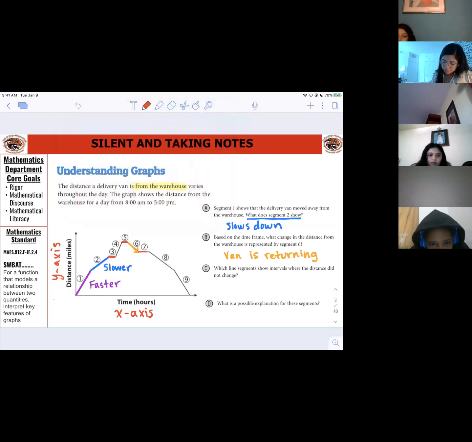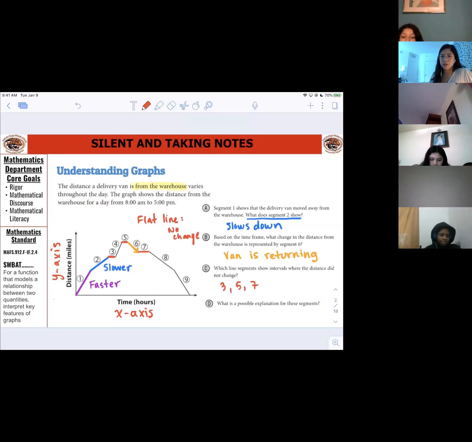Good. So notice what's happening here. The graph is flat. When the graph is flat, a flat line means there's no change. So segment 3, 5, and 7.